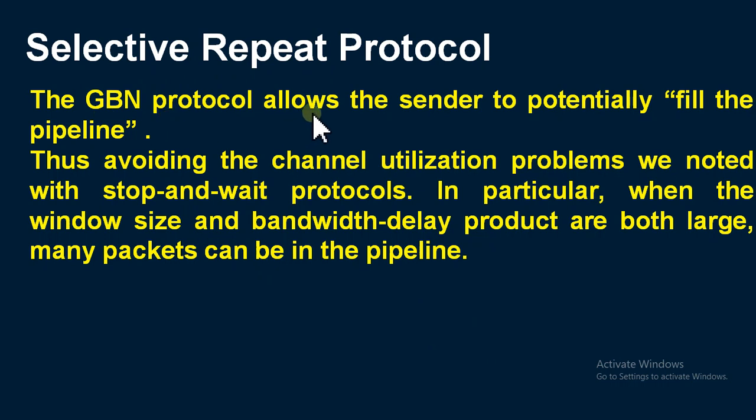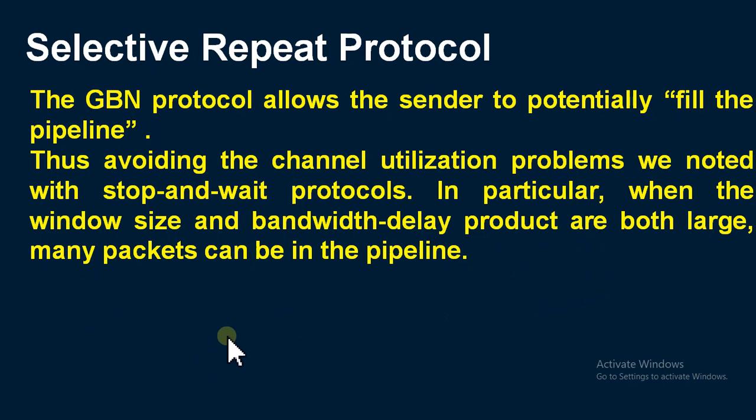The GBN protocol, as we have understood in the foregoing discussion, allows the sender to potentially fill the pipeline with redundant packets, with duplicate packets, and also accompanying acknowledgement packets, thus avoiding the channel utilization problems we noted with the stop and wait protocol. In particular, when the window size and bandwidth delay product are both large, many packets can be in the pipeline.